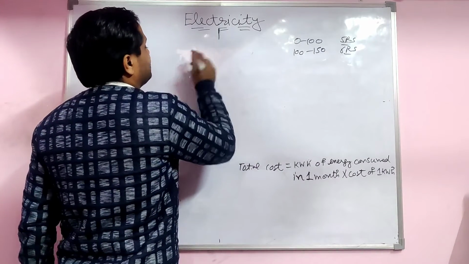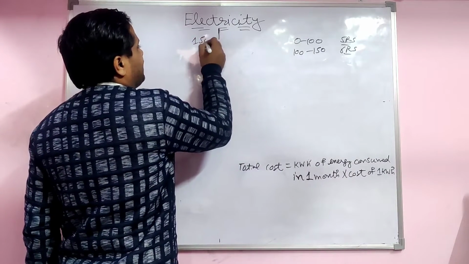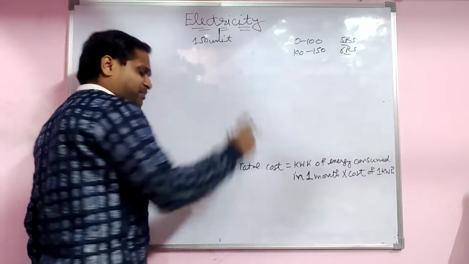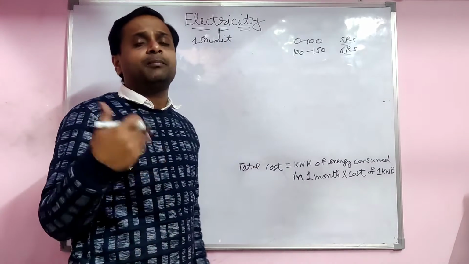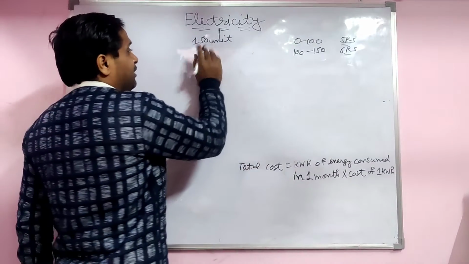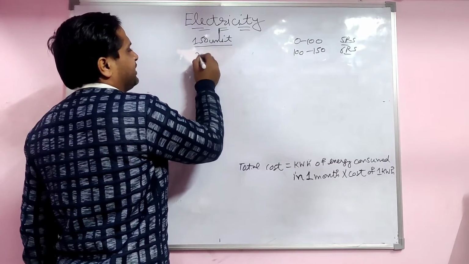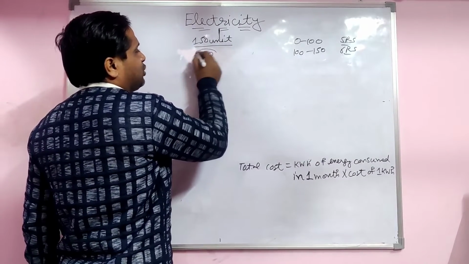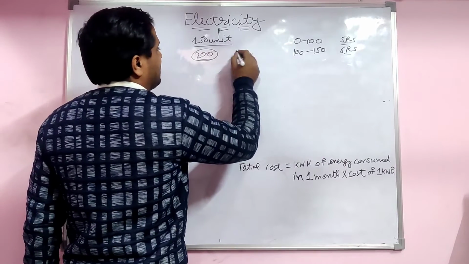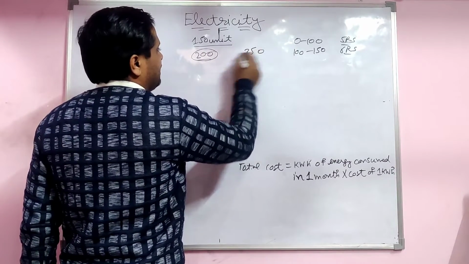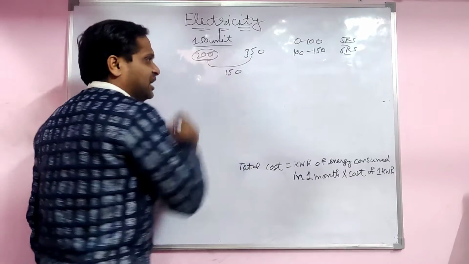For example, you consumed 150 units. Maybe 1 month's bill comes, maybe 2 months. For example, the old reading is 200, but now the reading is 350. So overall 150 units are consumed.